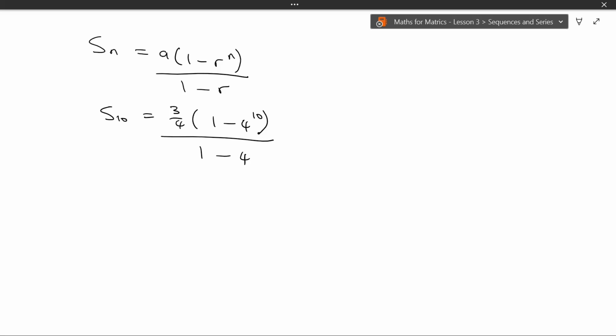Four to the power of 10 is 1,048,576. And 1 minus 4 is minus 3. So we have 3 over 4 times 1 minus 1,048,576 in brackets, all over minus 3.